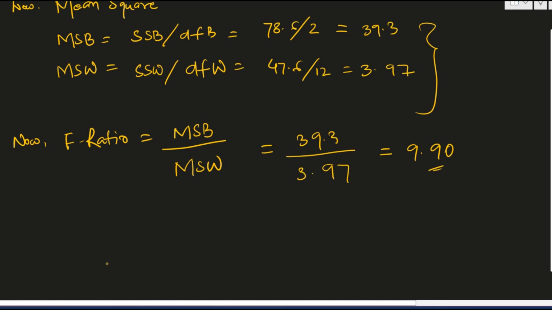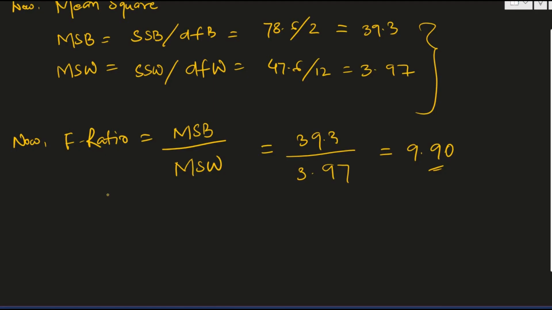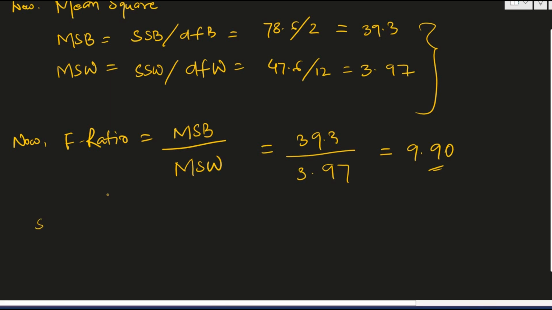Now for alpha, the significance level is already given, alpha is equal to 0.05.